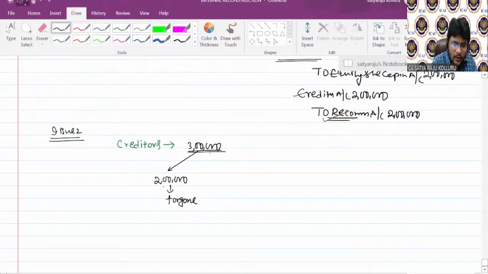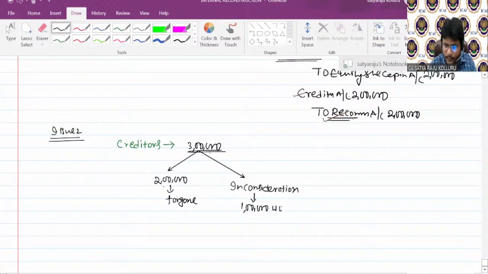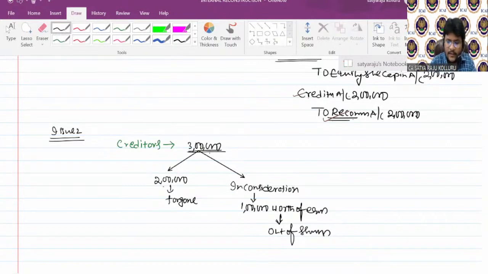In consideration of that sacrifice, they are expecting 1 lakh worth of equity shares. Our company issued such 1 lakh worth of equity shares out of share surrender. Am I right? Please concentrate. We only settled 2 lakhs, right?